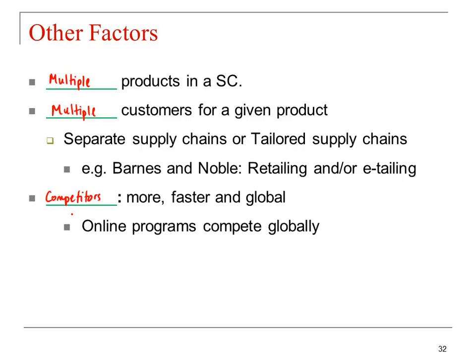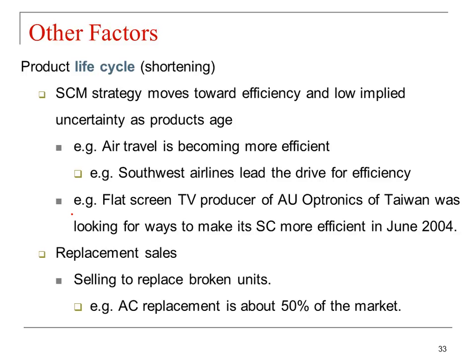Other factors: the product life cycle, and this involves several areas. But in terms of the supply chain, strategy moves towards efficiency and low implied uncertainty as the product ages. Air travel is becoming more efficient.